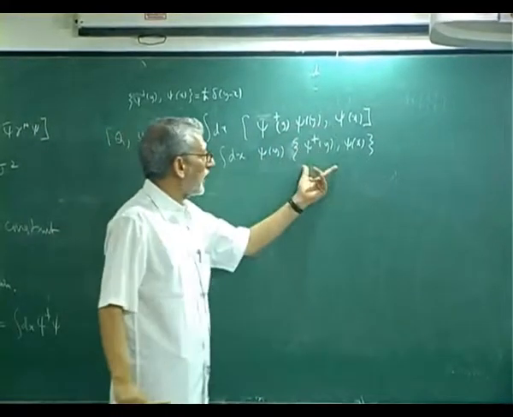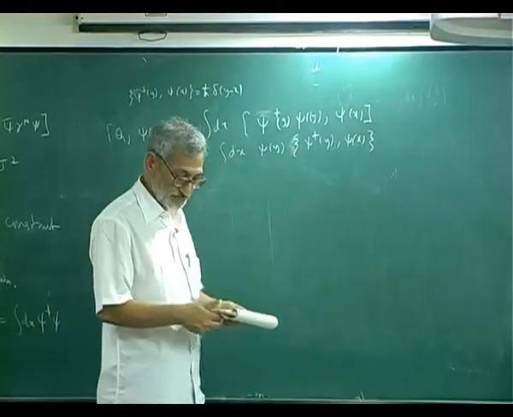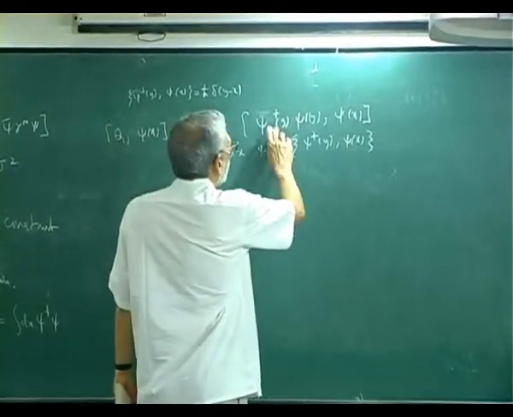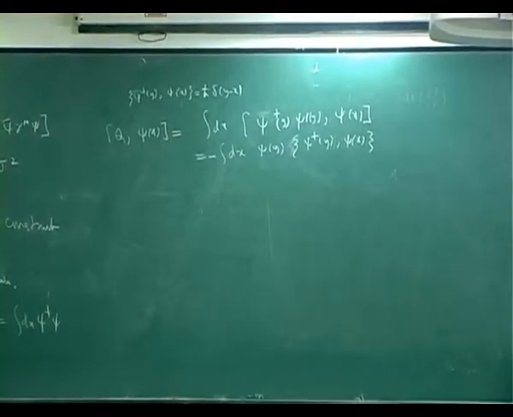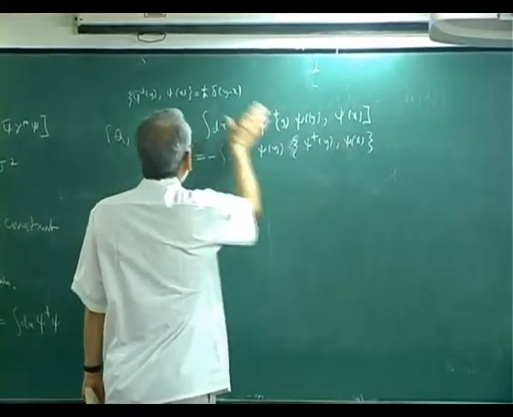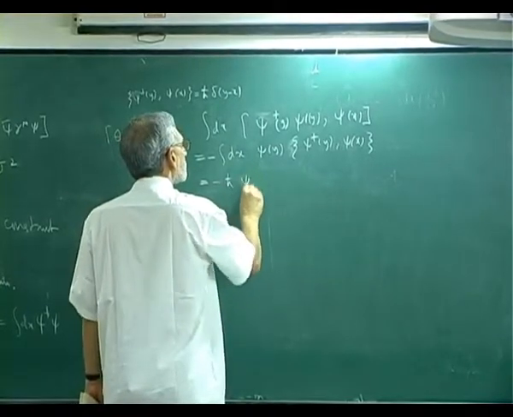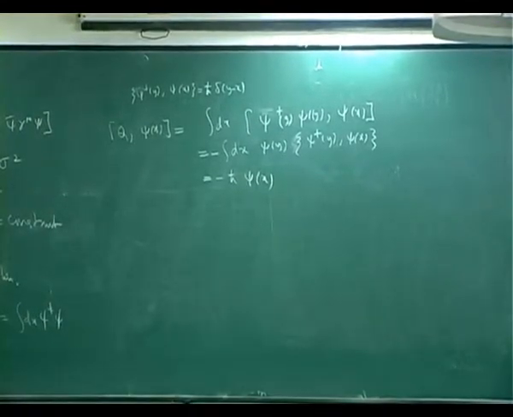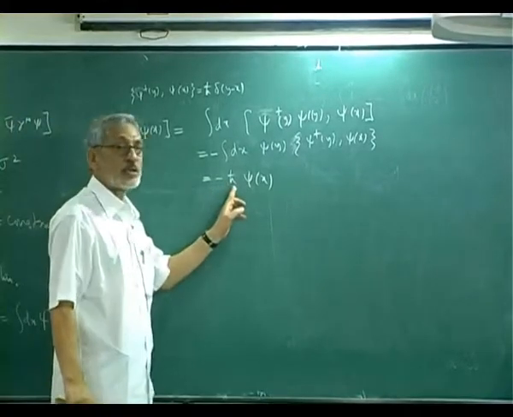This commutator becomes an anti-commutator by taking one psi y out, and maybe a sign, because I had to take it across in order to bring it here. Replace this object by this and do the integral. Is it clear? Simple enough. So the commutator of Q with psi is minus h cross times psi.